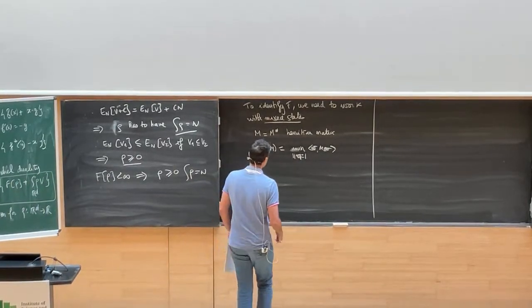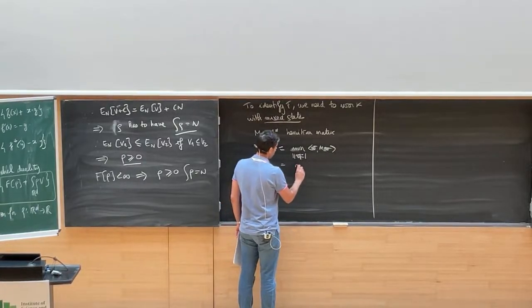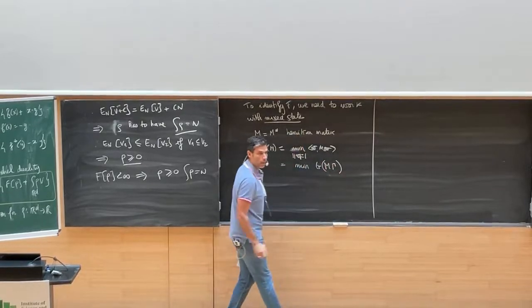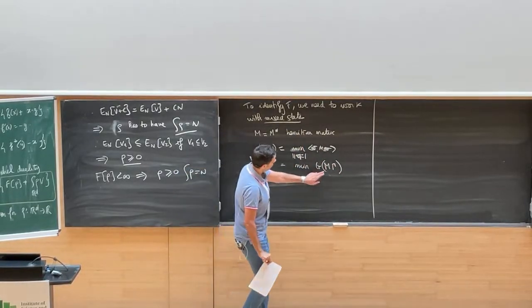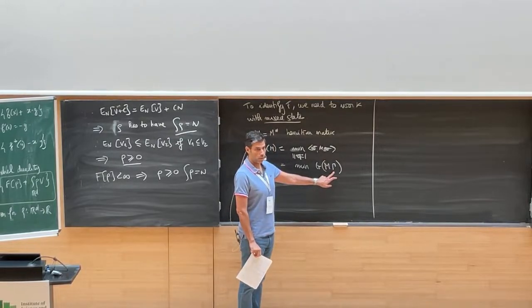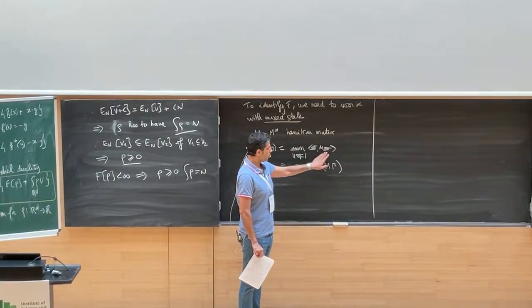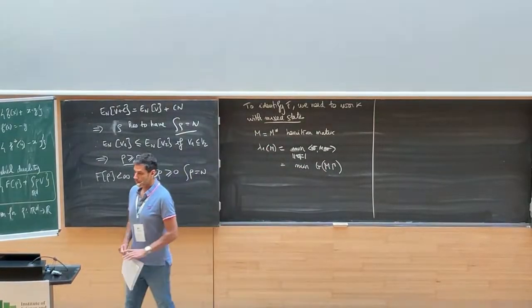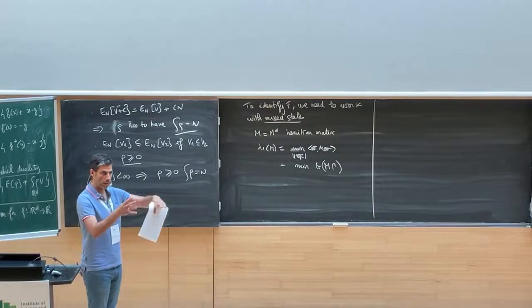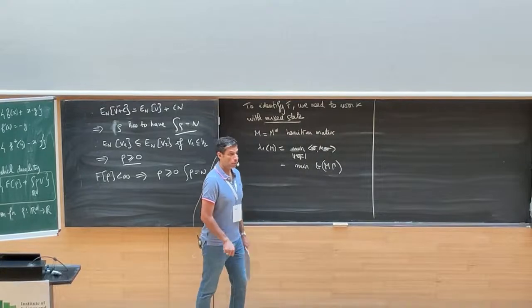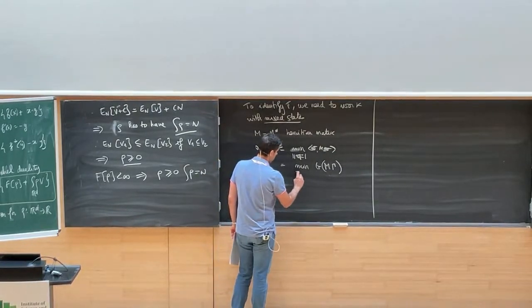Okay, but it turns out that you can also write this as the minimum of the trace of M gamma. You see, if gamma is a rank 1 projection, then it's equal. But the whole thing is that this is linear in gamma, and so when you minimize a linear function, you may as well work in the convex hull of rank 1 projections, which is just the set of gammas which are self-adjoint, non-negative, and trace equal to 1.